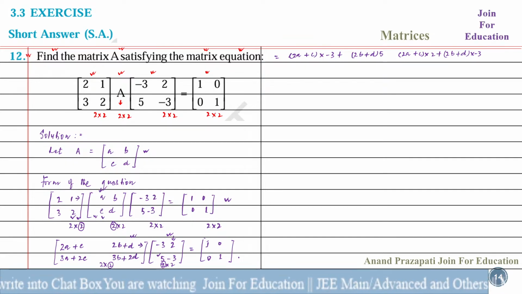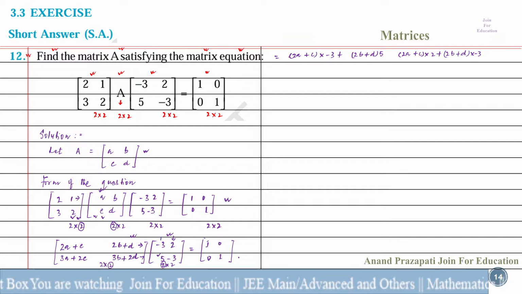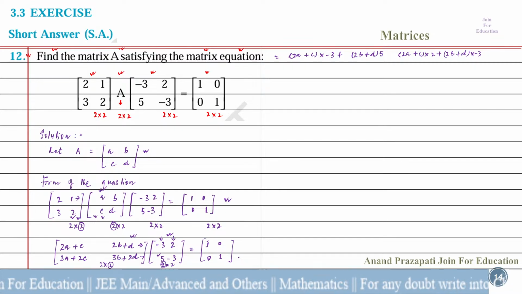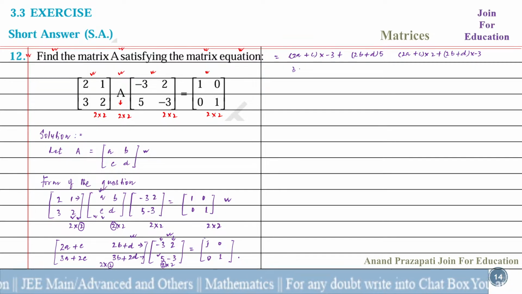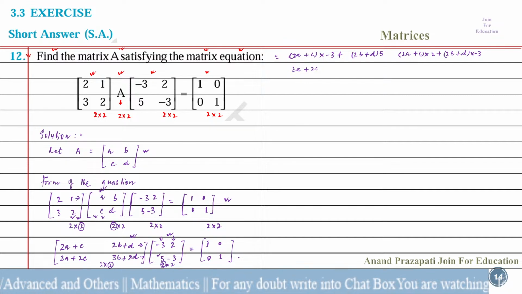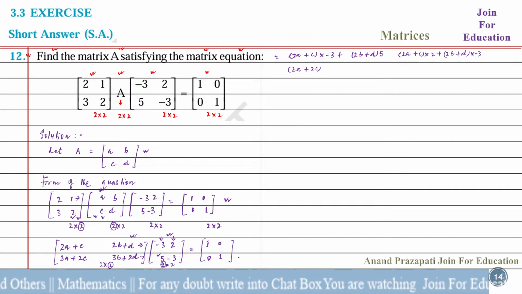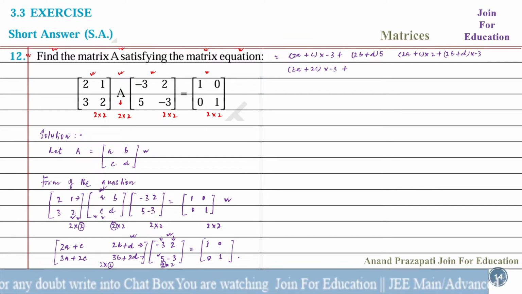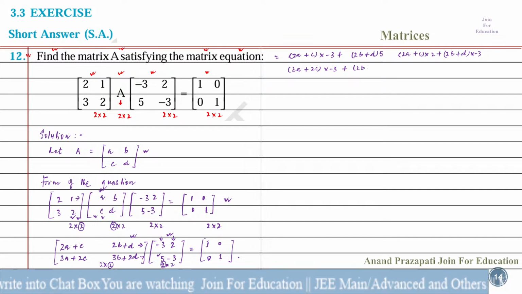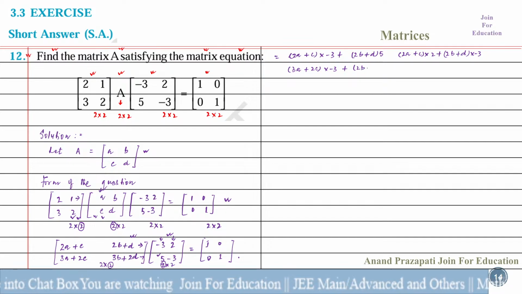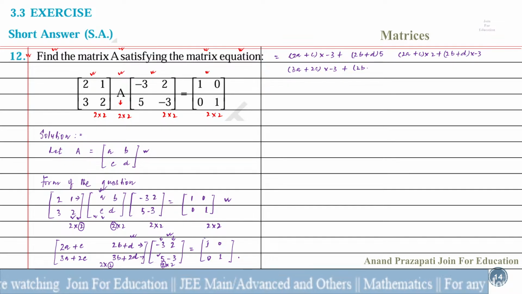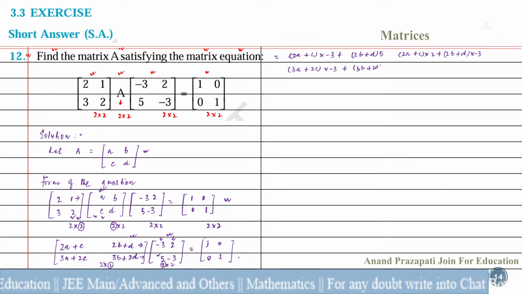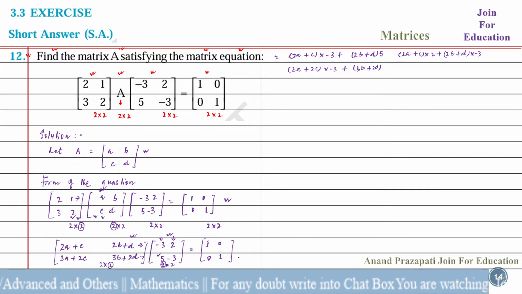Then this second row multiplied by first column, then 3a plus 2c multiplied by minus 3. So we write down 3a plus 2c into minus 3, plus 3b plus 2d multiplied by 5.